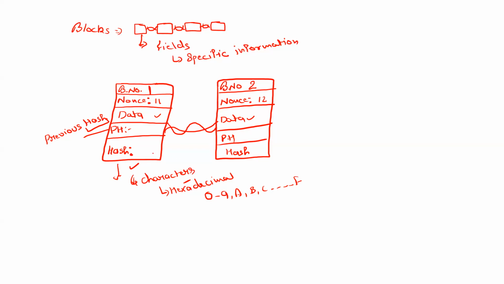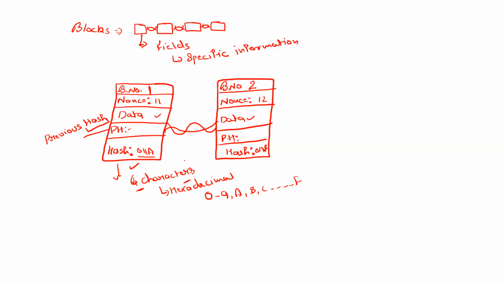Some value would be here like 0, 1, 1, A, and here I find 0, 1, 1, B. This is only for understanding the concept, not an actual value. Otherwise, the length is 64 characters. Now we get the value of the hash. Now it's time to learn about the previous hash.